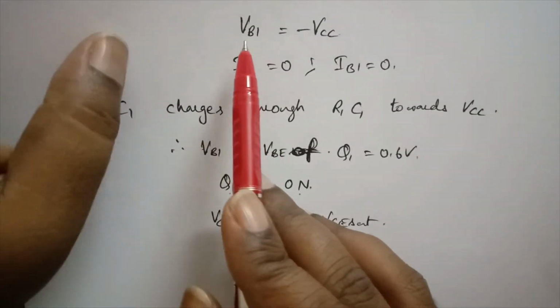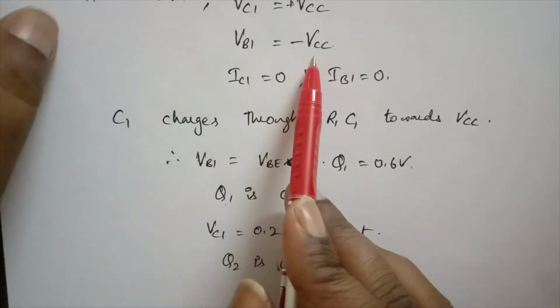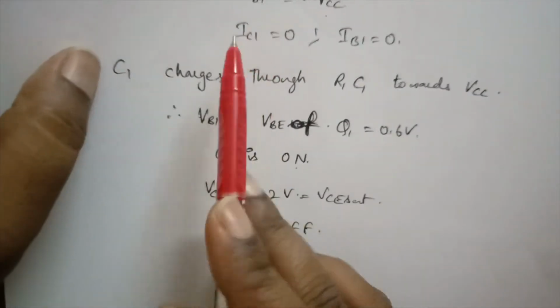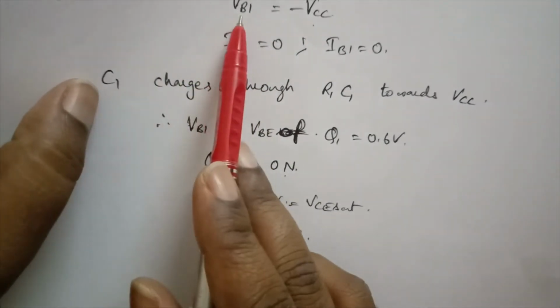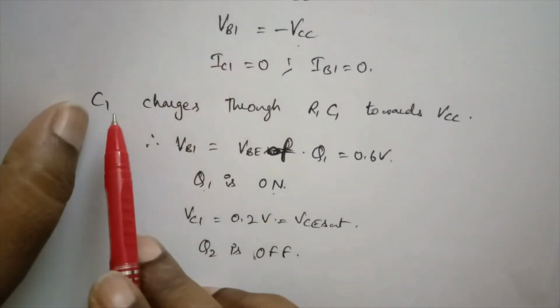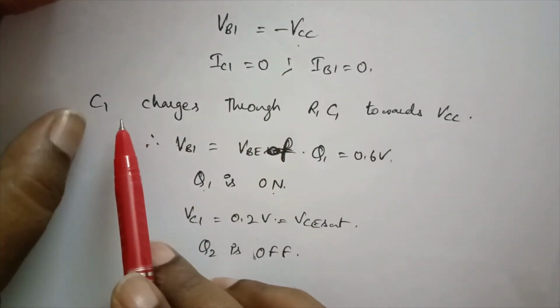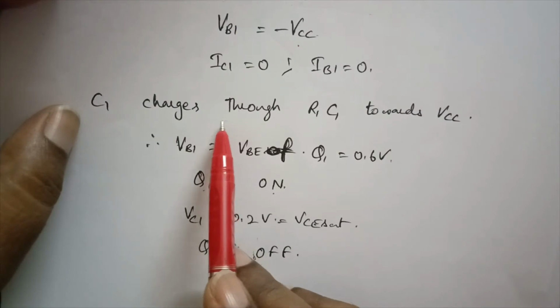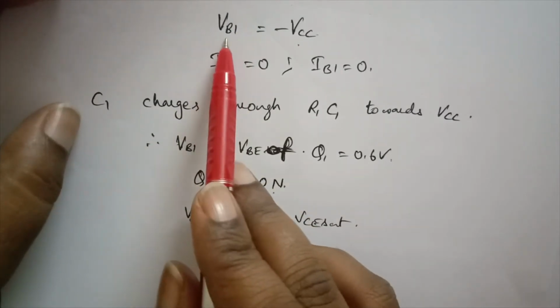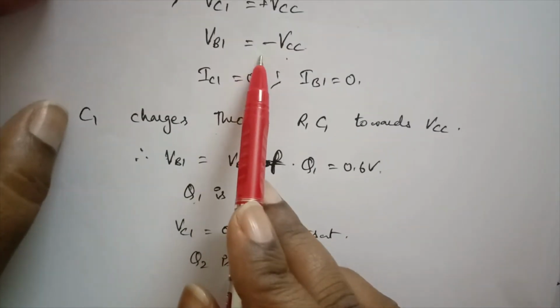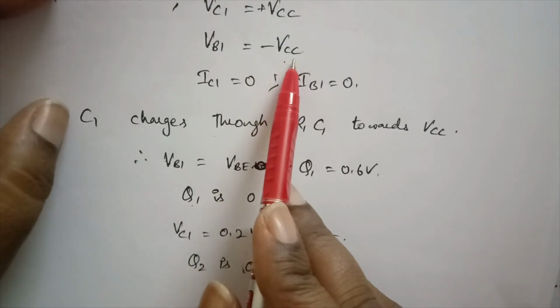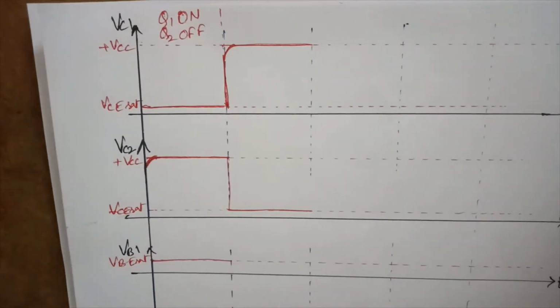Next, VB1 is equal to minus VCC, and here due to C1, VB1 charges towards plus VBE sat. So it increases exponentially.